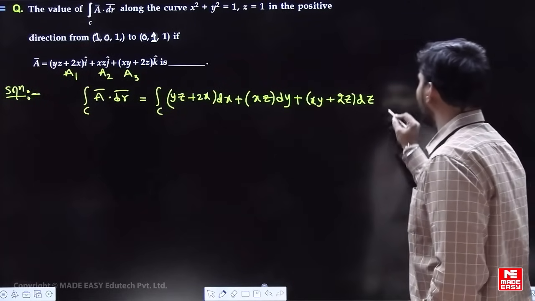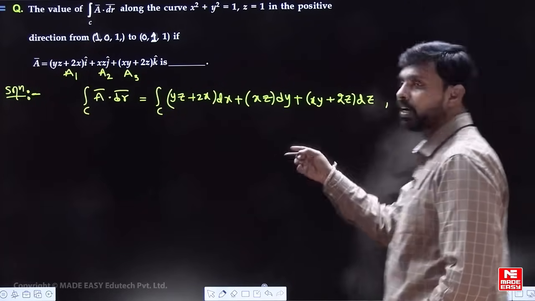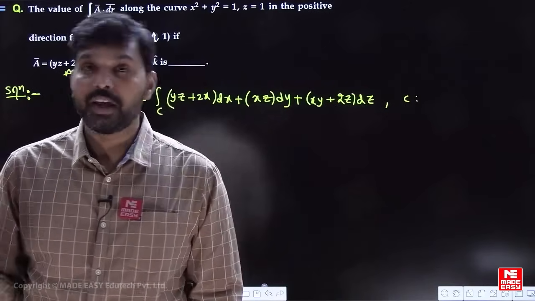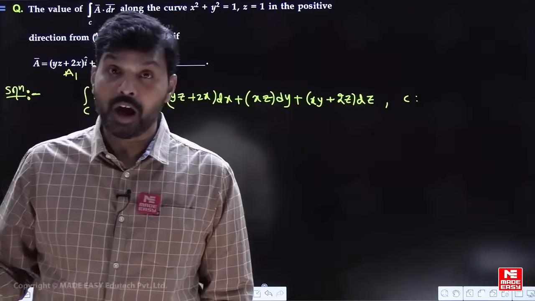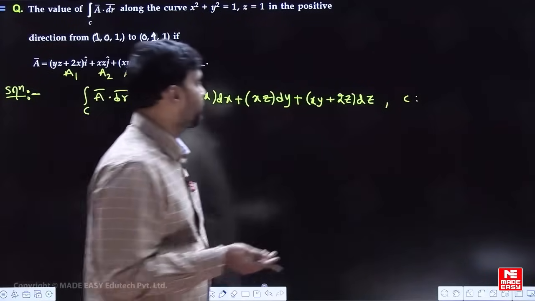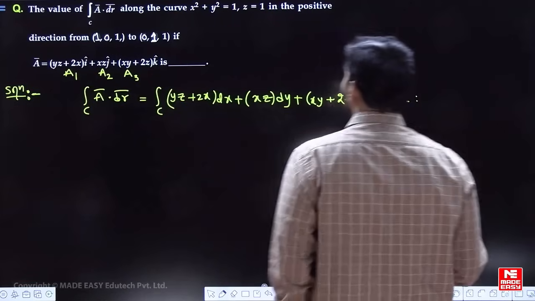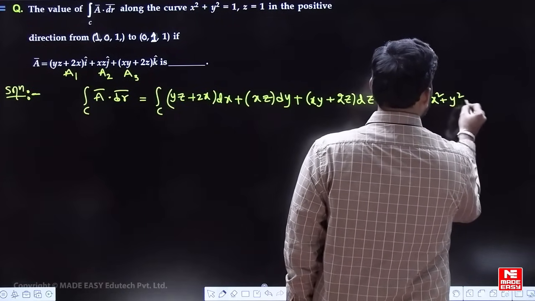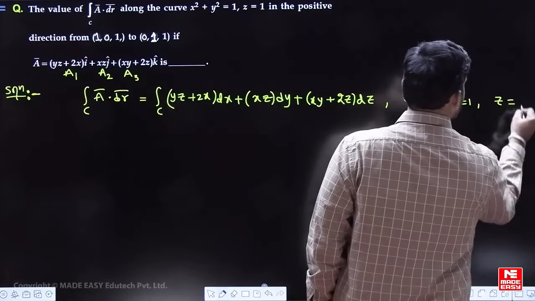And now what is the contour? Okay, we will evaluate this integral, but along which contour, along which path? So the path is this: x square plus y square is equal to 1, where z is equal to 1.